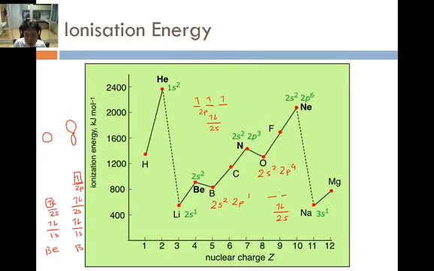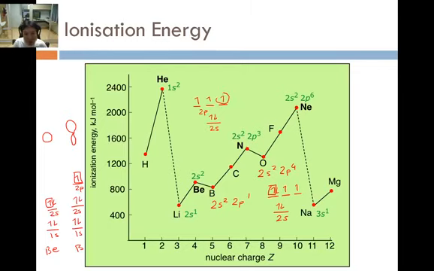Since it's 2p4, I put 1, 2, 3 electrons, and the fourth one will go in here. Notice that I'm forced to put the electron into the same orbital with the opposite spin. So the first ionization energy of oxygen will involve the removal of this electron, whereas for nitrogen, it will involve the removal of this electron.